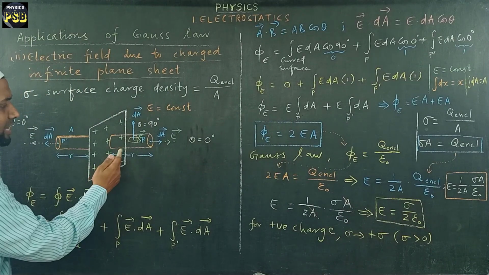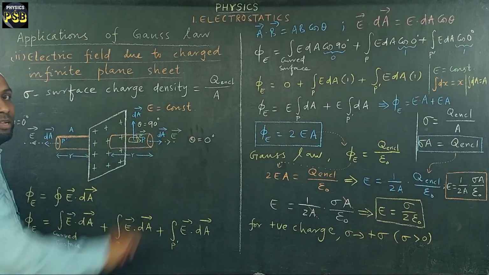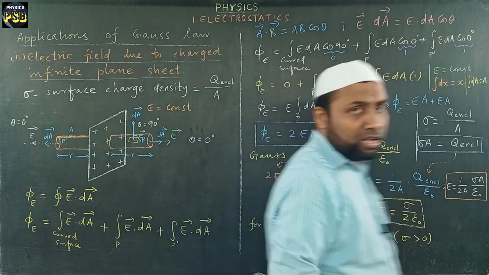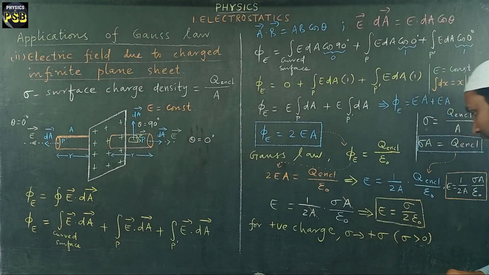When sigma is greater than 0, the electric field lines will be projecting outward. You remember that. So E projects outward.